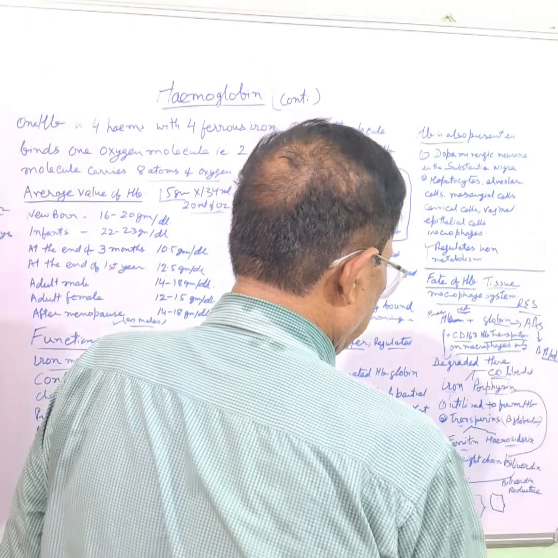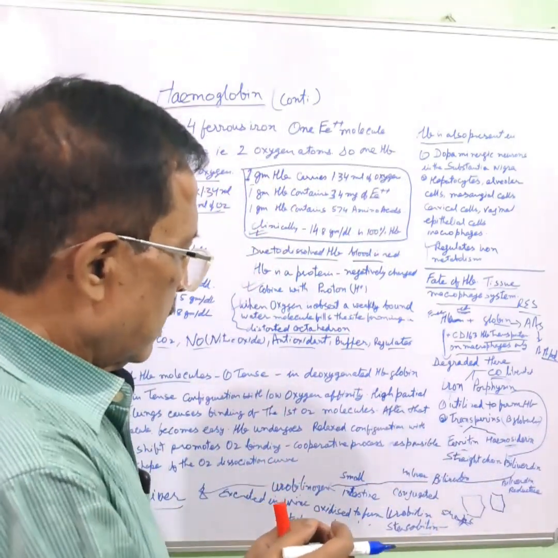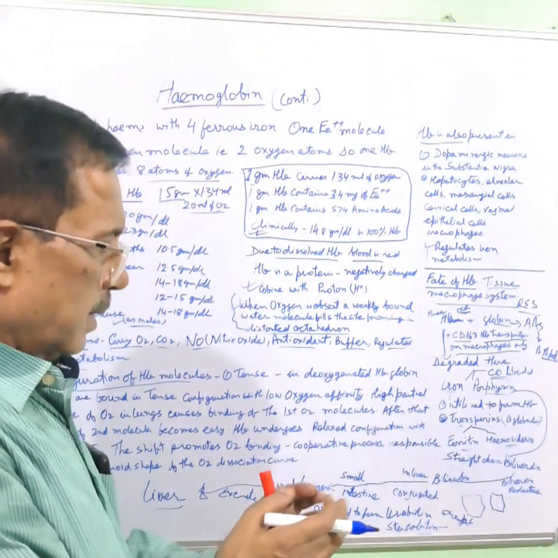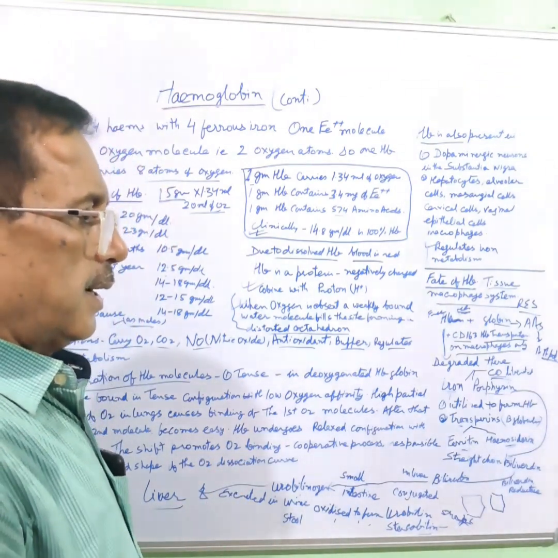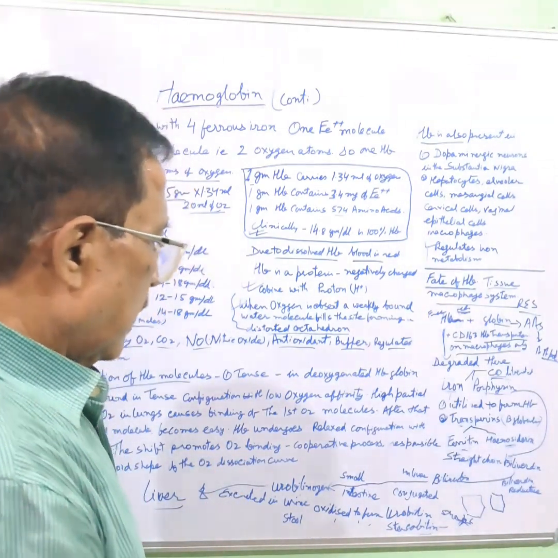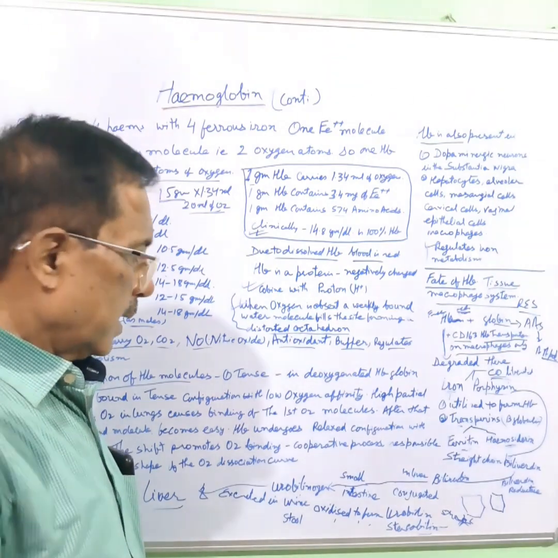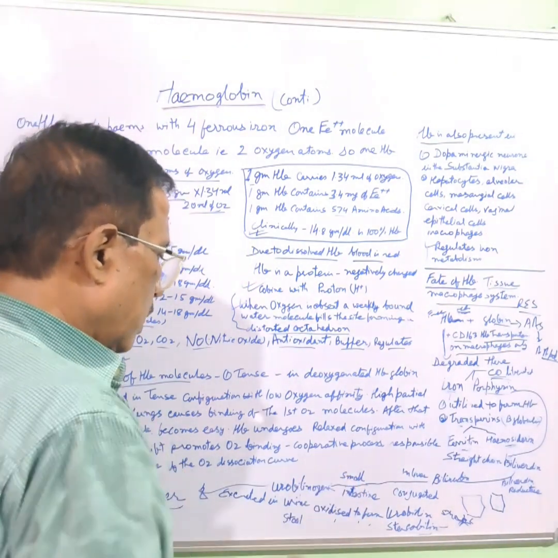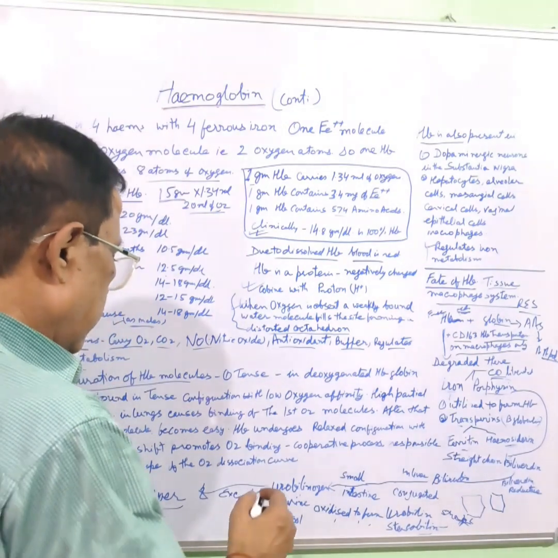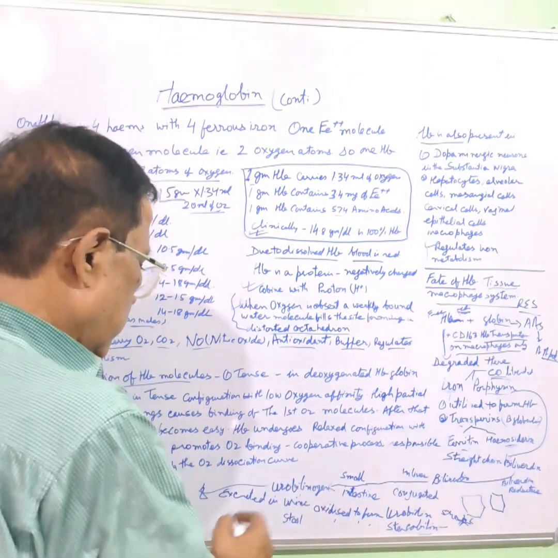Now, porphyrin is a chain structure, and it becomes a straightened chain. Biliverdin reductase reduces it to form bilirubin. In the liver, it is conjugated, becomes water soluble, and goes into the small intestine. In the small intestine, urobilinogen is formed.